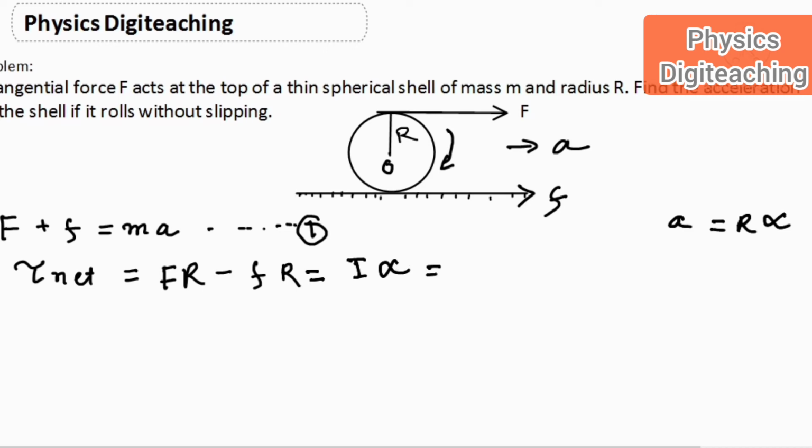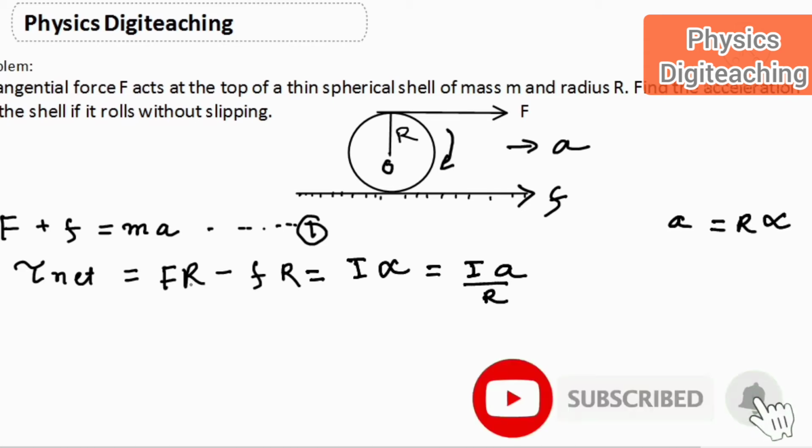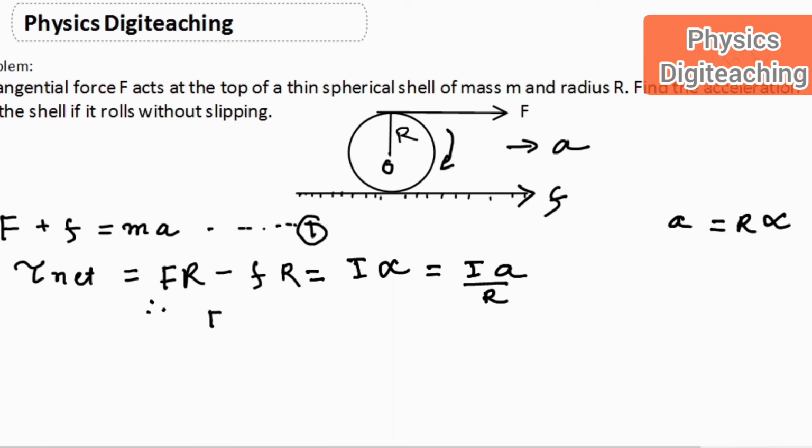If we put the value of alpha, then we get I a divided by R. Therefore, from this expression we get F minus f equal to I into a upon R square. Here we take R common, that is, F minus f equals I a divided by R square.